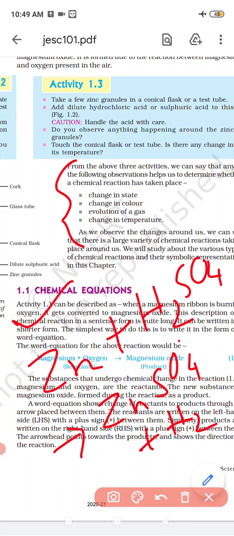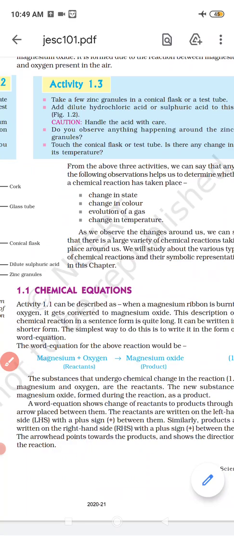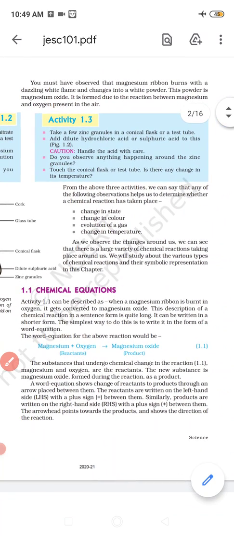So in a chemical equation, the substances that undergo chemical changes in the reaction are known as reactants. Any substance that participates in a chemical reaction is known as a reactant. So in your book, underline the definitions.